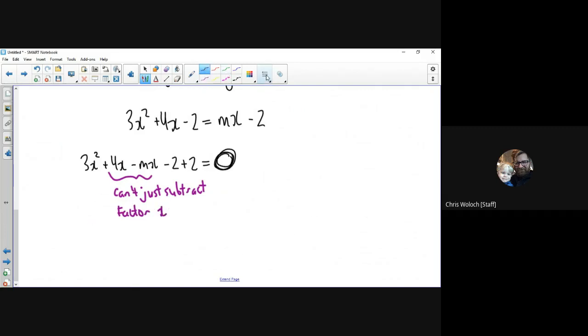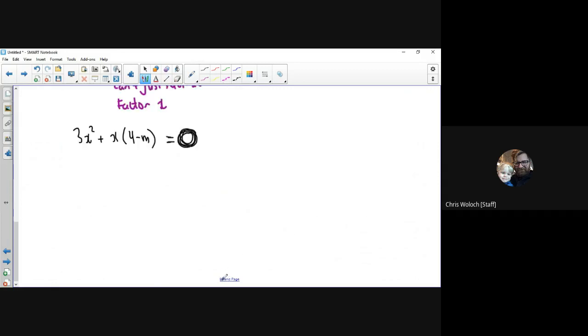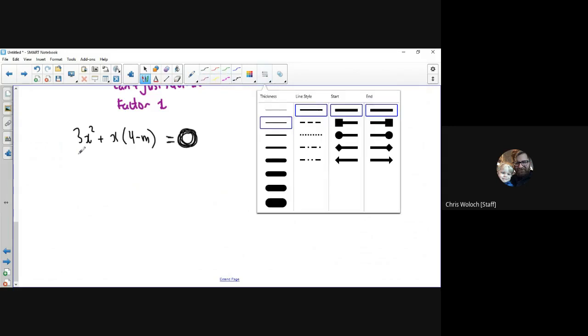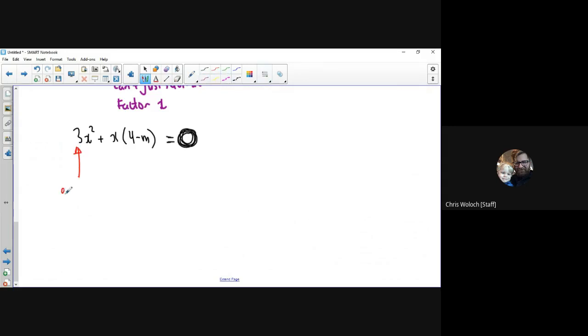I'll write it like this: 3x squared plus, if I take out an x, I have 4 minus m, times x. Then -2 plus 2 is 0, so I'm just left with that. So a equals 3, and this thing is the b value: b equals 4 minus m.